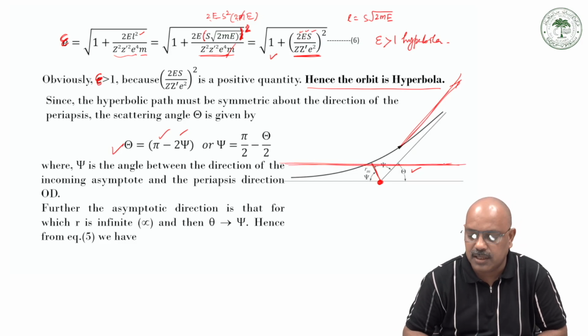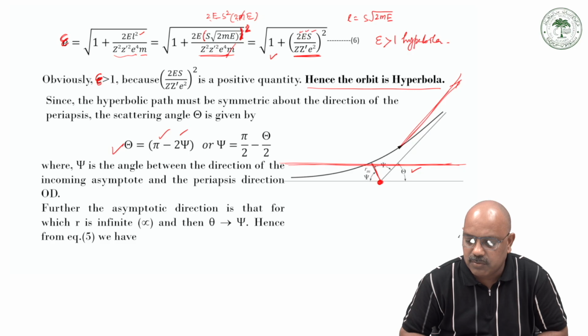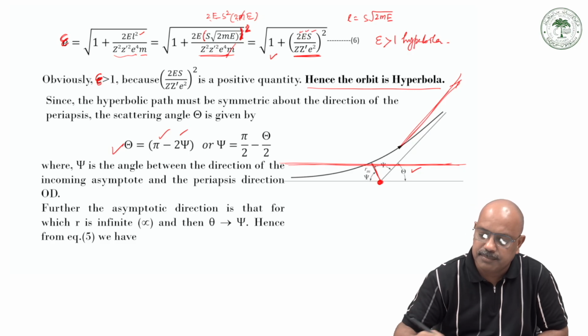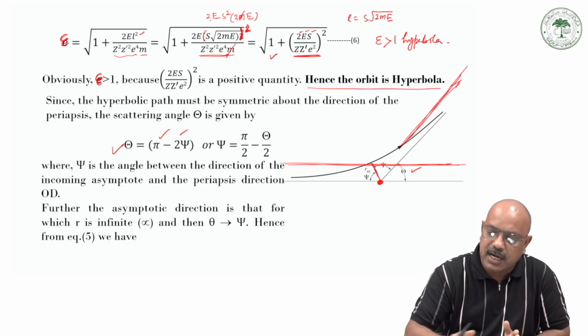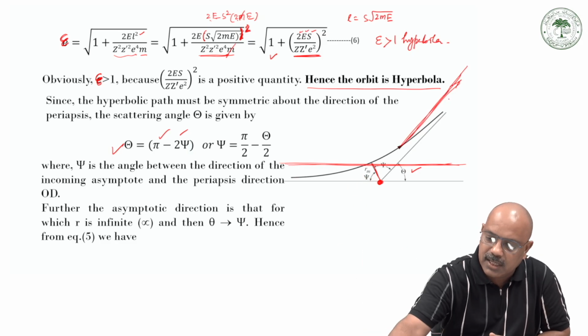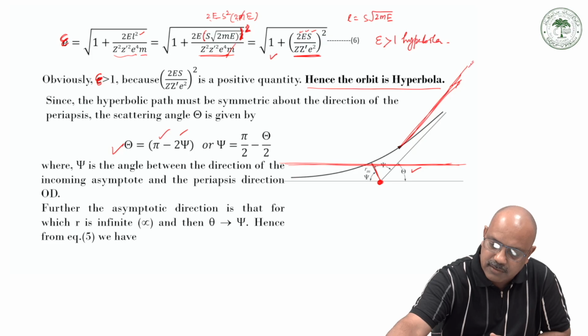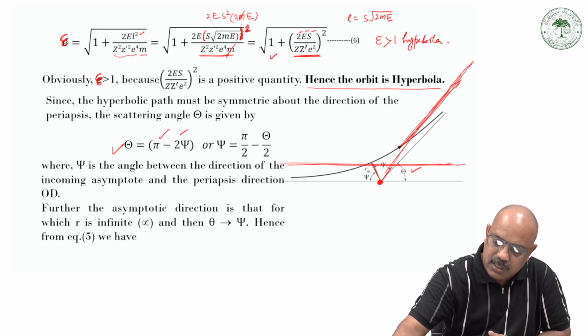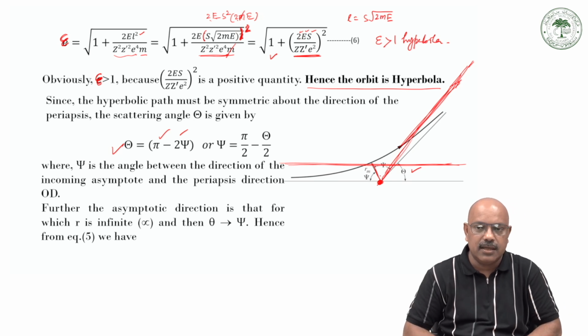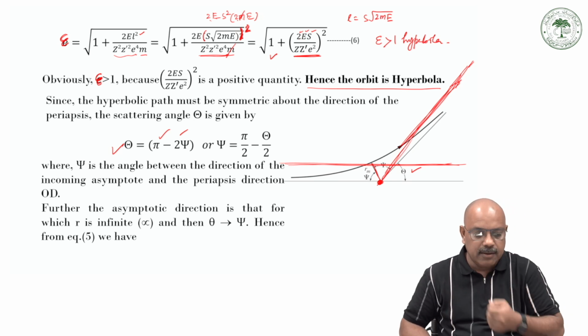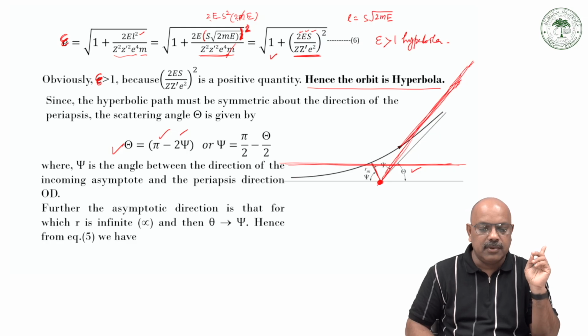But after the scattering, when r is infinity, if you draw a line from this, the angle is going to be equal to psi. That theta is always psi.